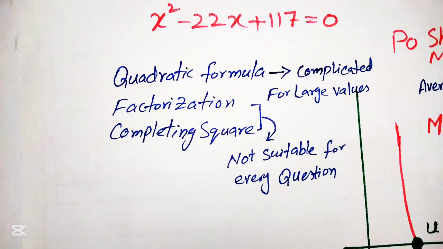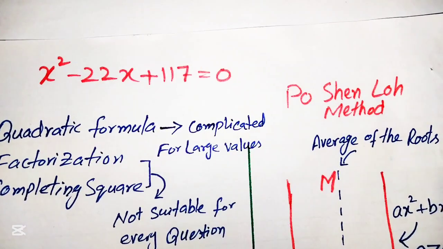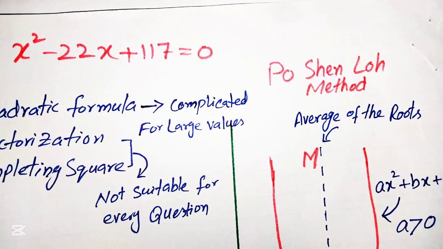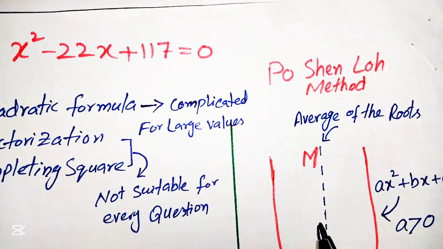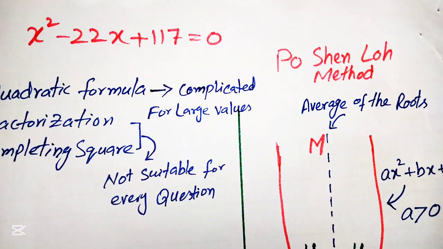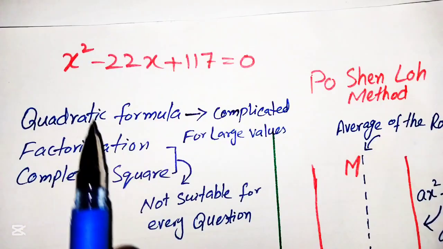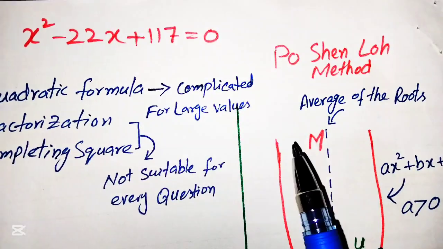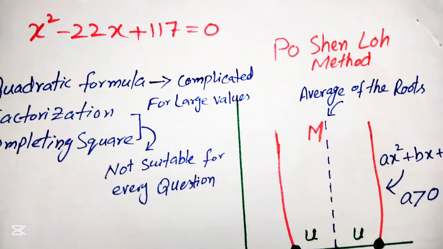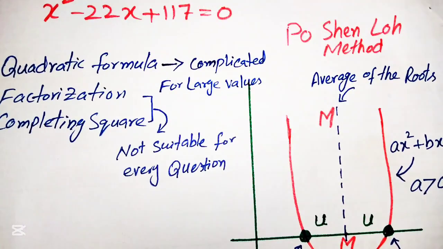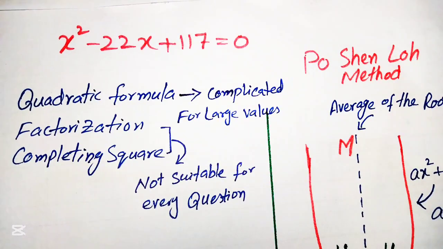The method we are talking about is the Po Shen Loh method. It is very interesting, and it is based on logic and symmetry to solve quadratic equations. Before solving this question, we will first introduce the Po Shen Loh method, and then we will apply it to solve this question.